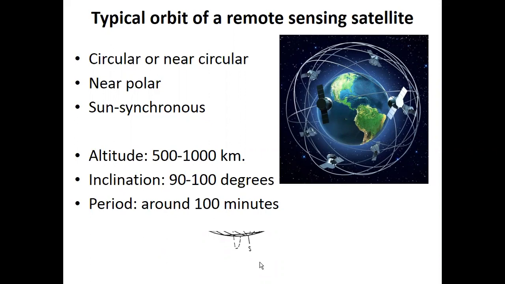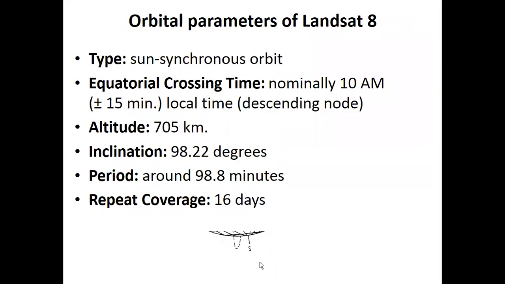But at the same time, you should not be too far. So the closer you are, the better, but not too close to have a sustainable orbit. And this is why the altitude of remote sensing satellite orbits is usually like that.